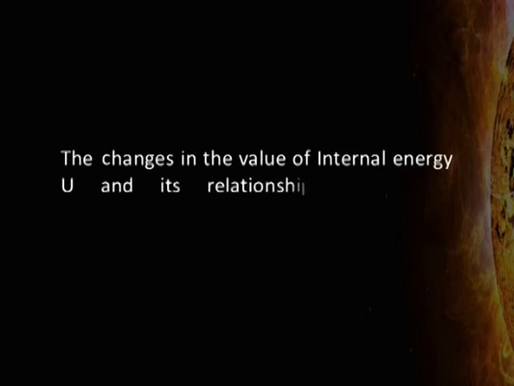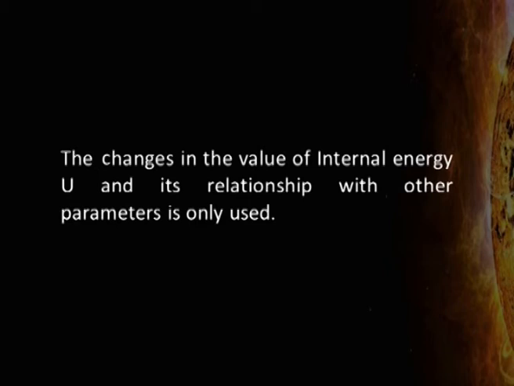As internal energy includes all kinds of nuclear energy, mass equivalence and molecular energies, it is not practical to measure the absolute value of internal energy. Only the changes in the value of internal energy and its relationships with other parameters are used in thermodynamics.